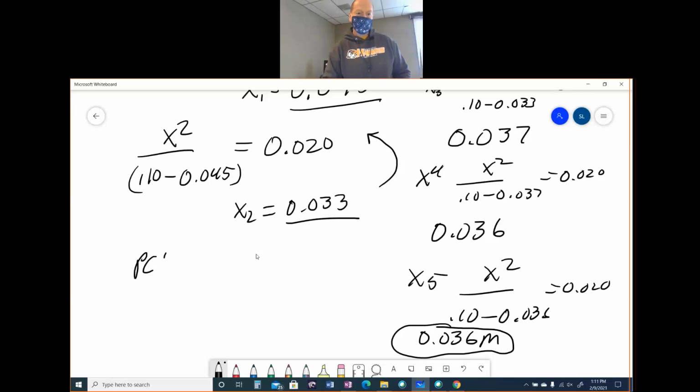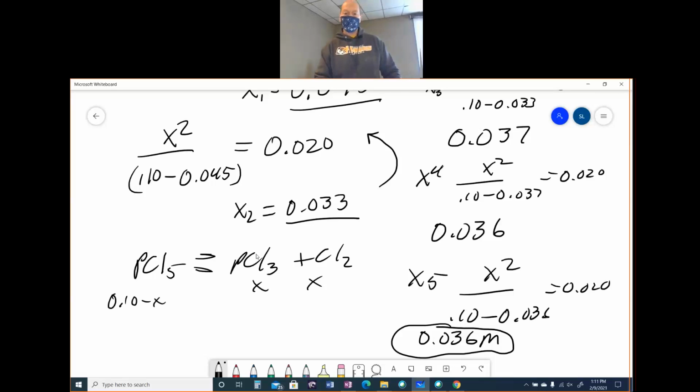We have our PCl5, equilibrium, PCl3 plus Cl2. So at equilibrium, it was 0.1 minus x, x, and x. So if you look last time, you will find that you had your 0.036 to 2 sig fig molar for Cl2.